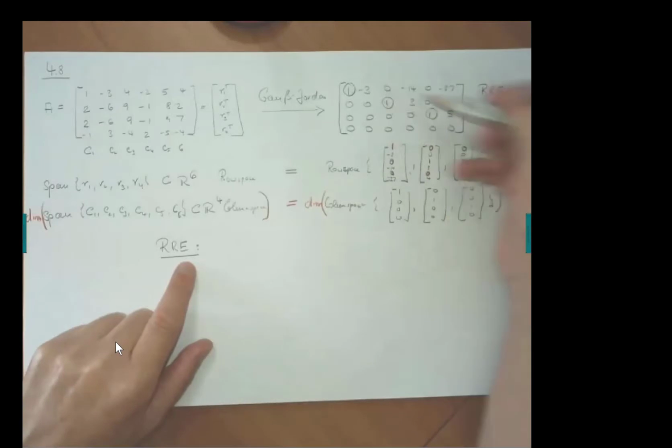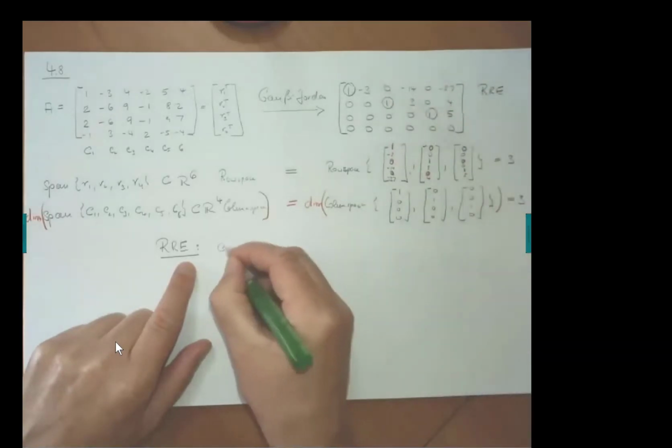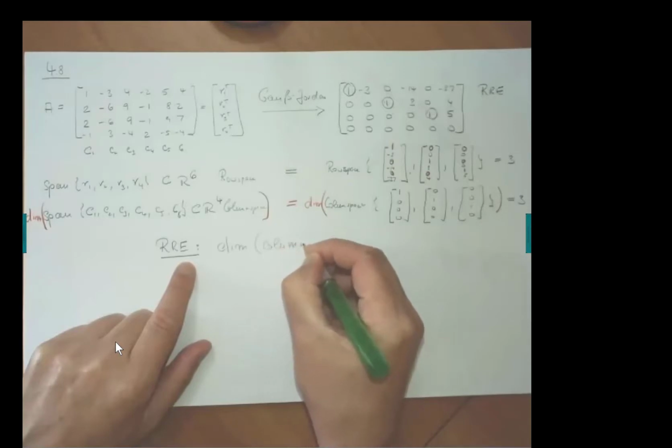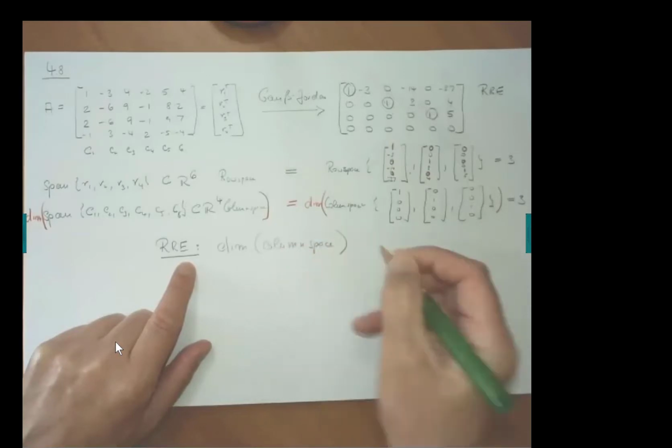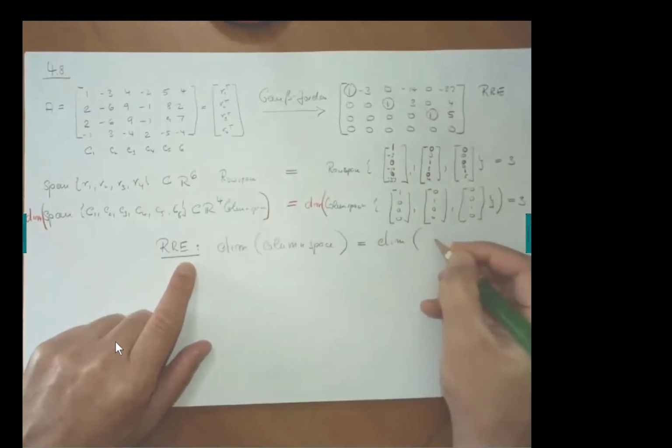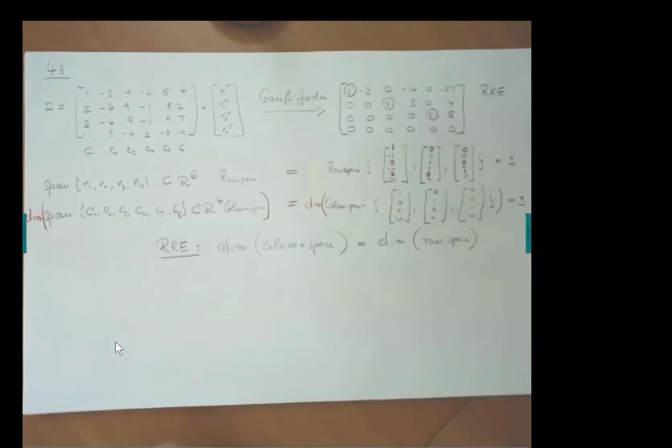So for reduced row echelon form, it's obvious because of the structure that the dimension of the column space of a matrix in reduced row echelon form is always equal to the dimension of the row space. Okay, so that we have here 3 and 3 is not a surprise. That's always the case.